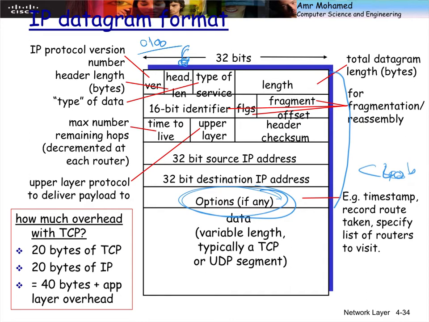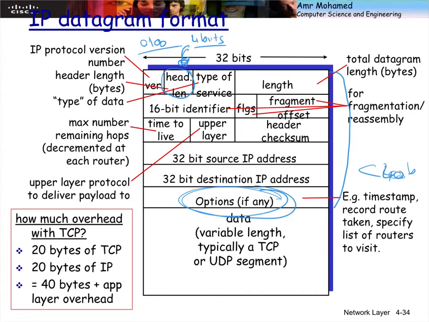But the problem here is that this header length is of size 4 bits only. So how can we represent 60 bytes using a header length of 4 bits?